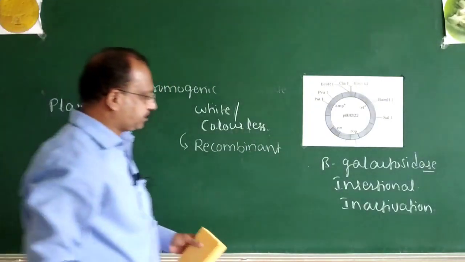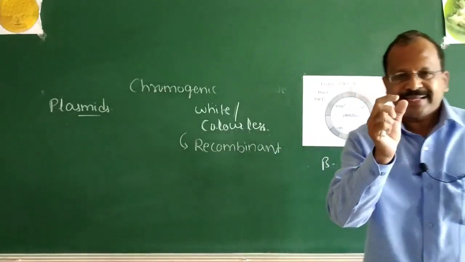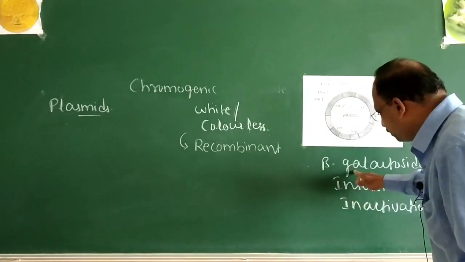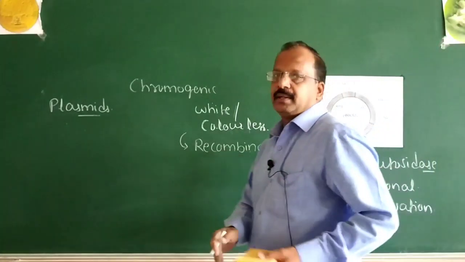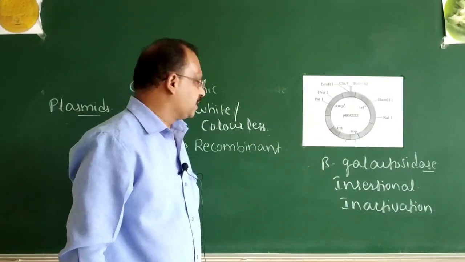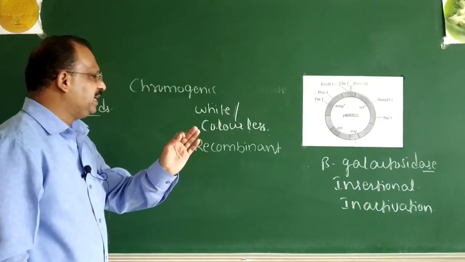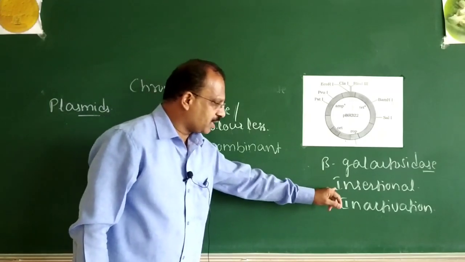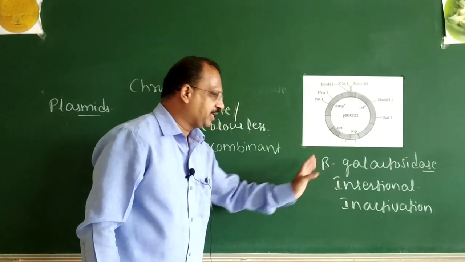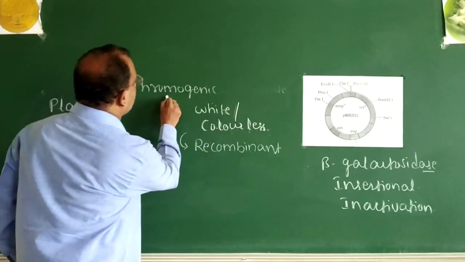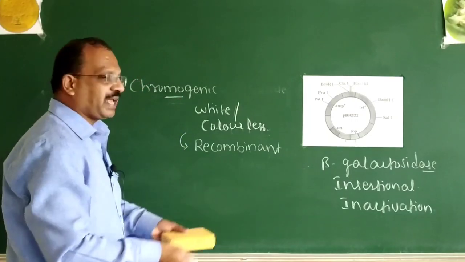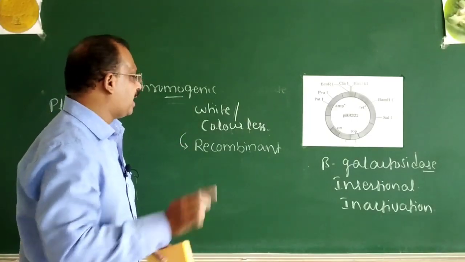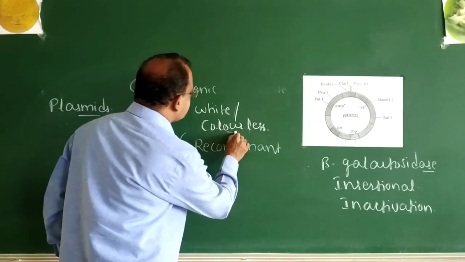Look over here. When the recombinant DNA is connected to beta galactosidase, the enzyme will become inactive. This process is called insertional inactivation. As a result, the chromogenic substance is not expressed in the colony, and the colony will appear colorless, or white.